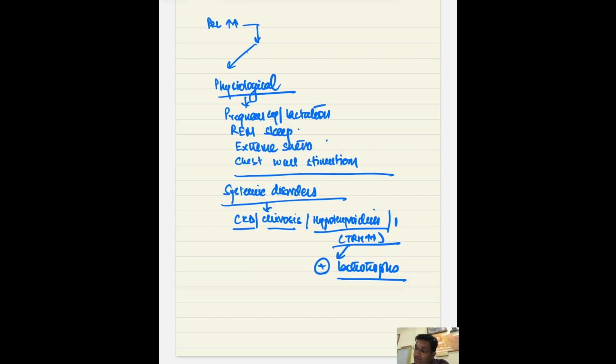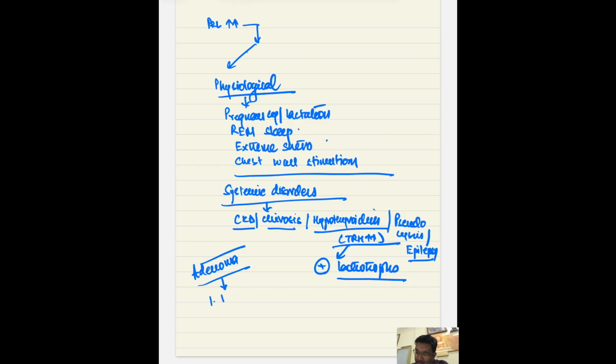Then there can be pseudocyesis, and then there can be epilepsy, as in epileptic fits. Another cause is the adenoma itself, a functional adenoma.